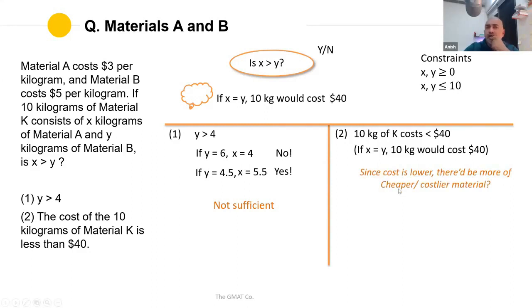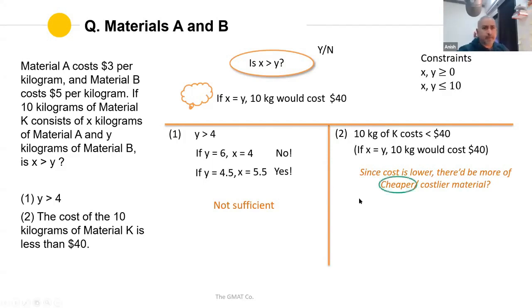there'd be more of the cheaper material or the costlier material. What do you think? Had the two quantities been equal, then the cost would have been $40. Here, the cost is actually less than $40. So which material would be more, the cheaper one or the costlier one?